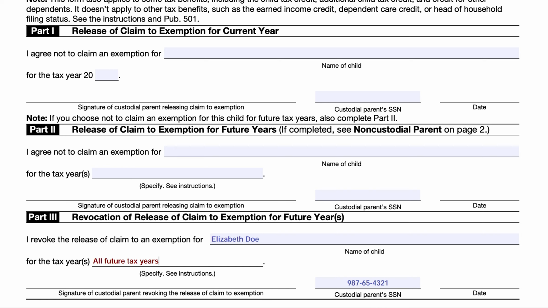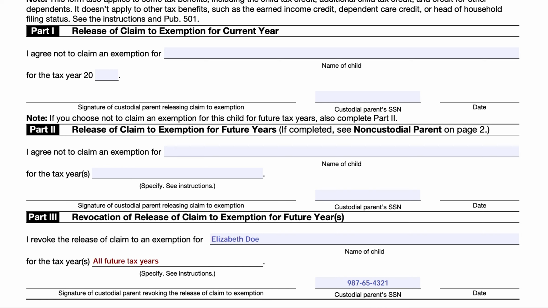So there are a couple of limitations here when using part three. Because John Doe is going to take his claim form and attach it to his tax return, Mary Jane Doe would need to give him a copy to officially notify him that as of 2025, he's no longer able to do that.